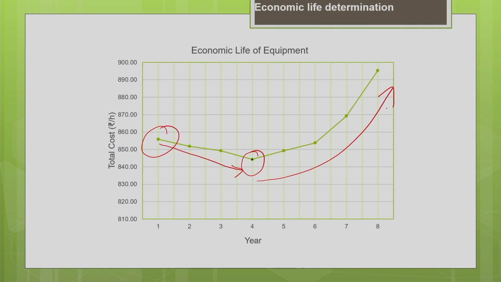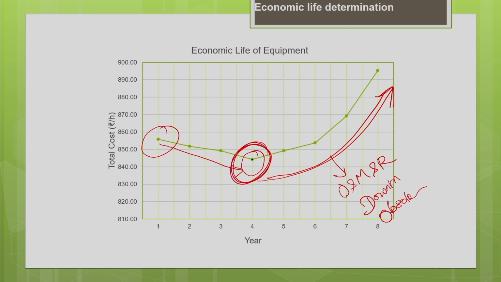Why this significant increase? It is mainly due to the increase in the operating cost, the maintenance and repair cost, your downtime cost, your obsolescence cost, everything is increasing significantly. That is why you can see there is a significant increase in cost with increase in age of the machine. It is better to replace the machine at the end of the fourth year. So, okay, the economic life for this machine is fourth year.